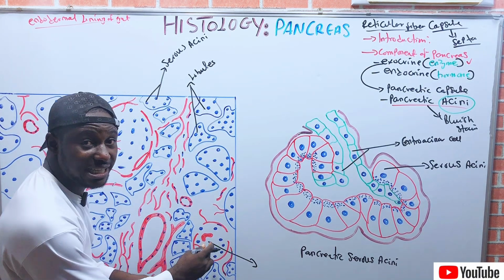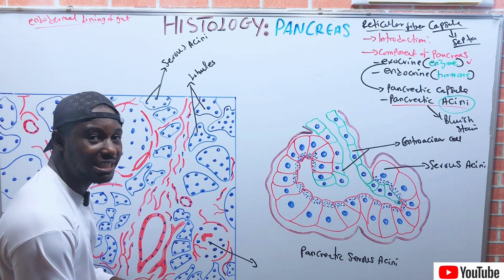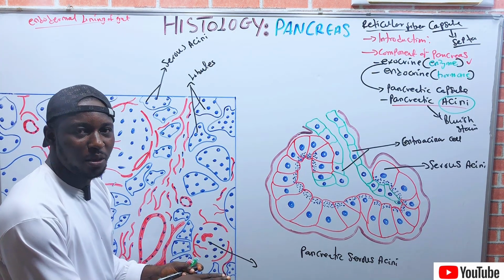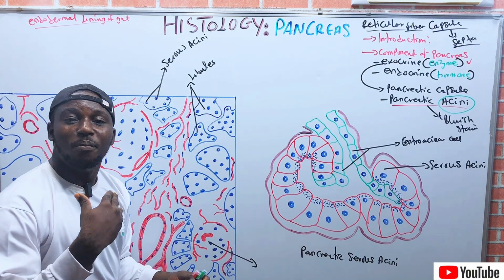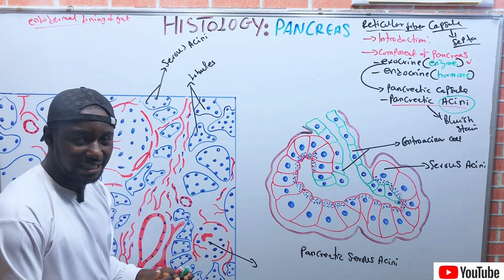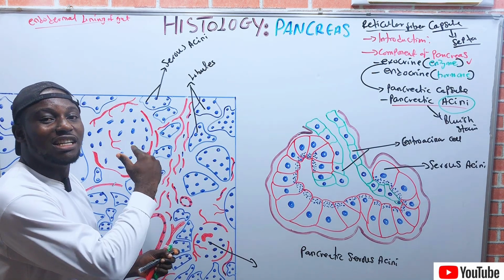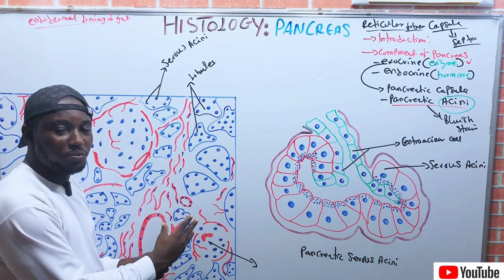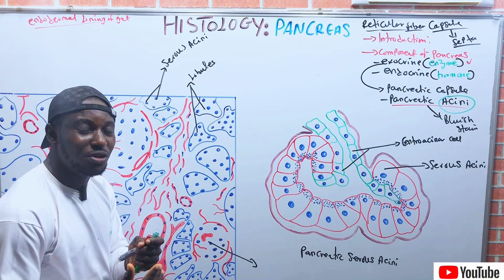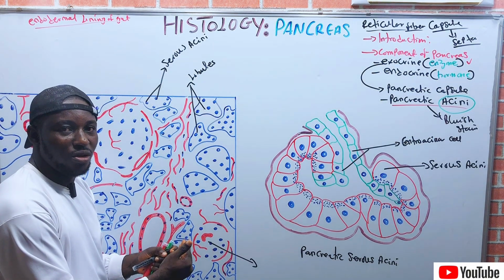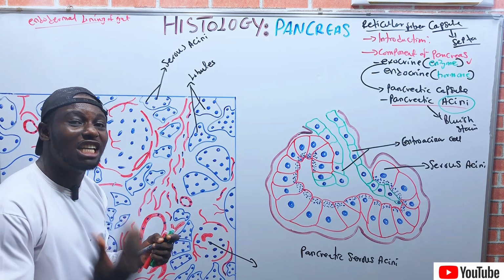This is the islet of Langerhans or the pancreatic islet, because it is quite separated from the pancreatic acinar cells. There is a space in this histological structure whereby the pancreatic acinar cells are separated by an area where we see an aggregation of cells.